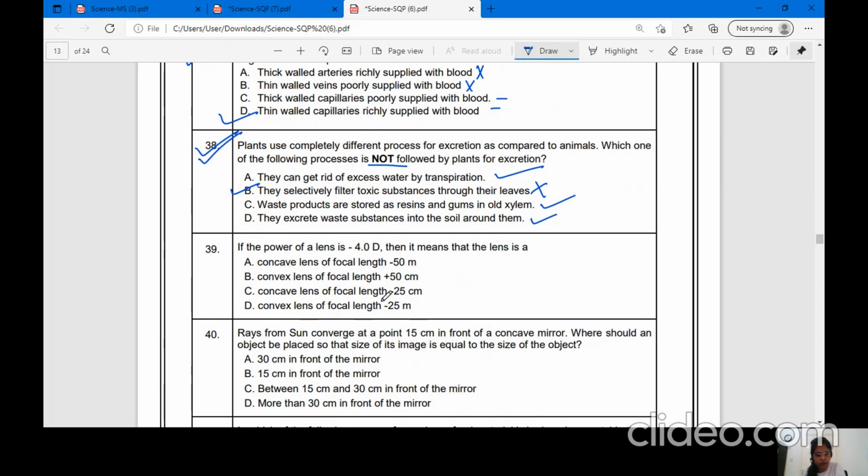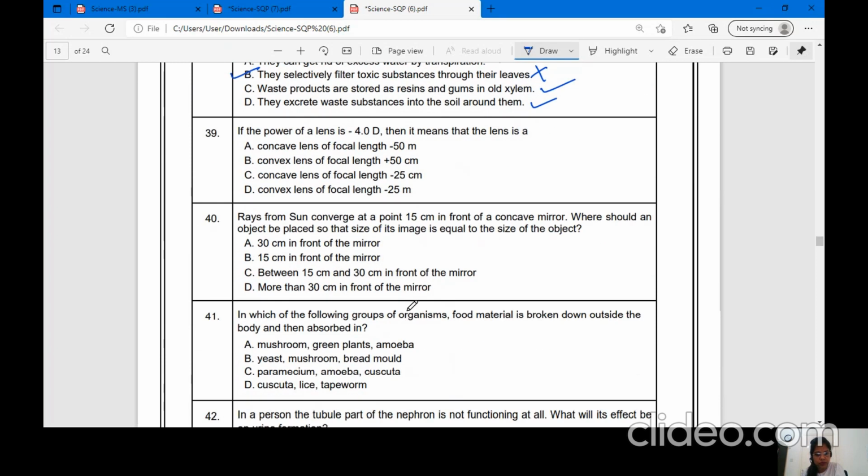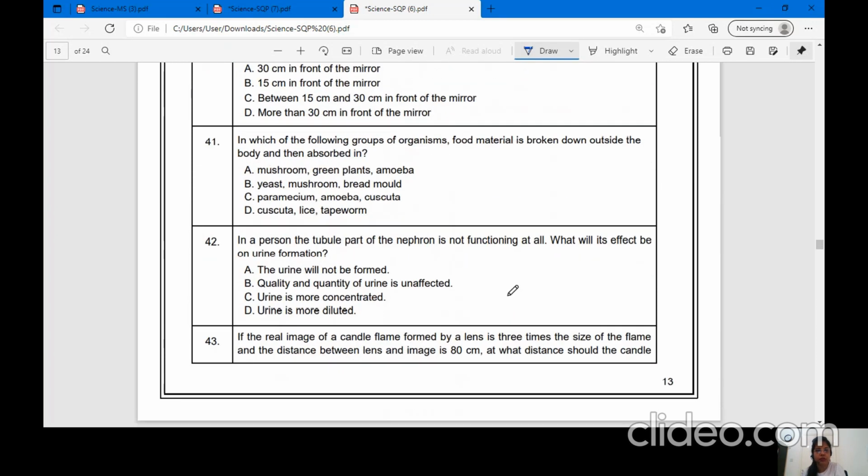Okay, so come down 39, 40. Okay, 41. Question number 41. In which of the following groups of organism food material is broken down outside the body and then absorbed in? So this is a question from NCERT exemplar.